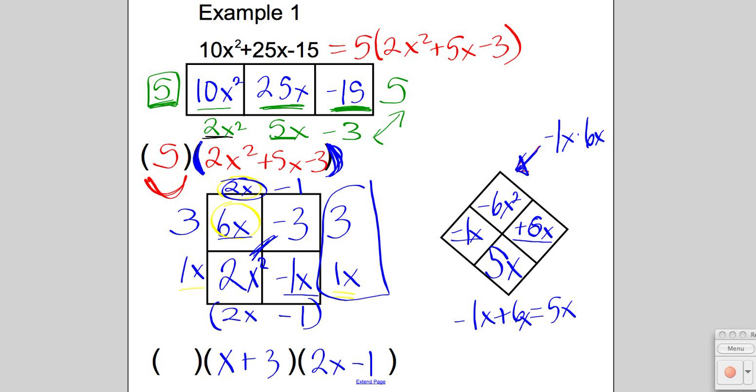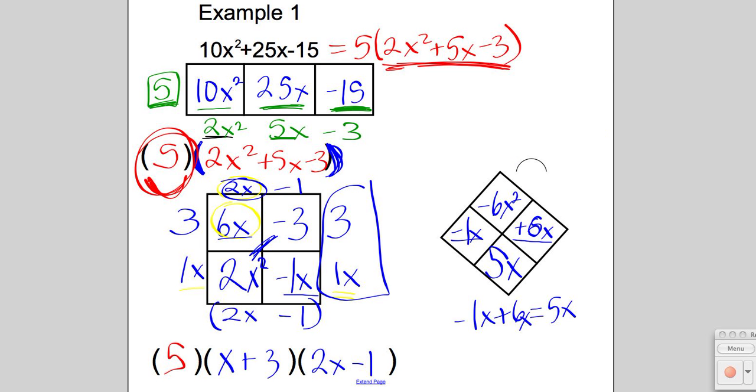Now is where I copy that 5 down. This 5 that we saw here is part of my solution. All I did was break apart this portion right here into a new section. So I've actually found a third thing that's equivalent, and the third expression that's equivalent is 5 times x plus 3 times 2x minus 1.